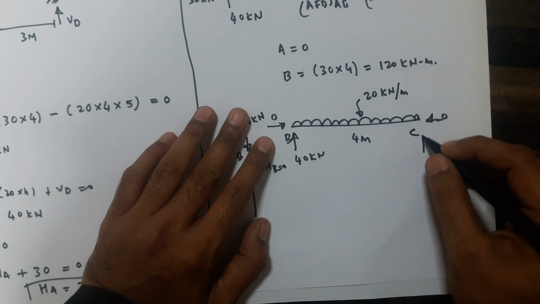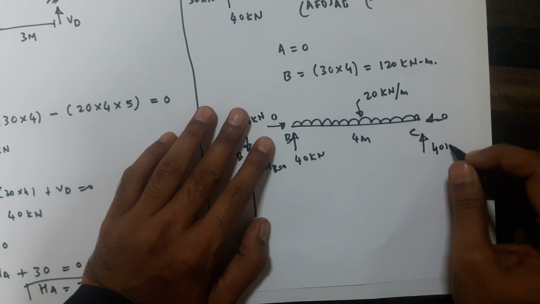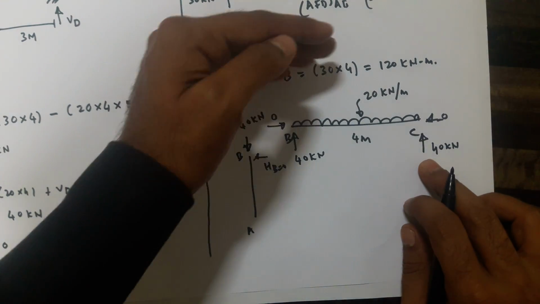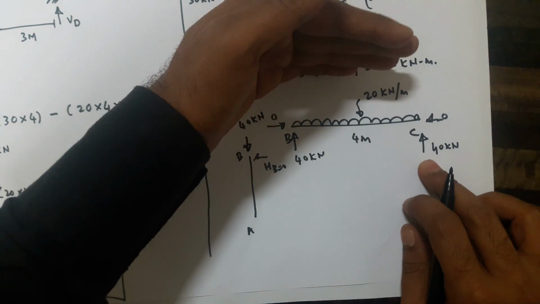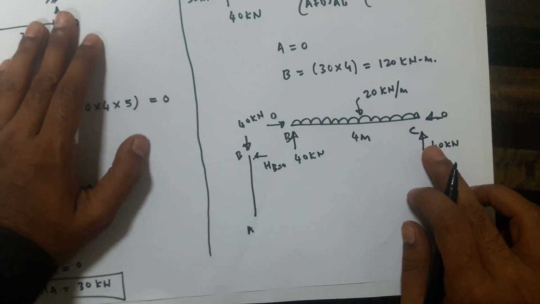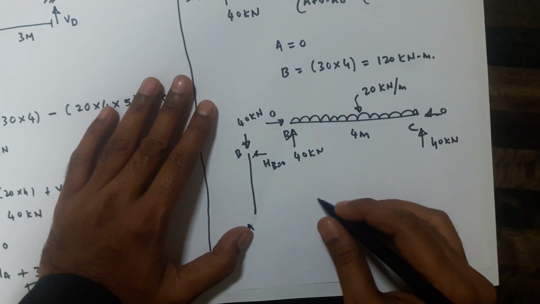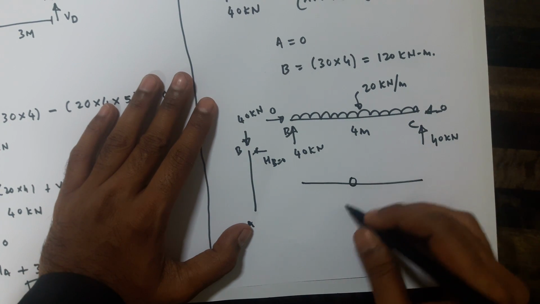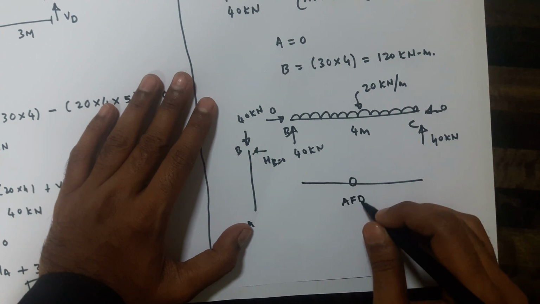So here 40 has to go upward. Okay, so now it is balanced. 40 is going upward, 40 is going upward, and 80 is going downward. So this is balanced with respect to the vertical direction. Now you see, there is no axial force. Axial force is 0. AFD for member BC is 0.